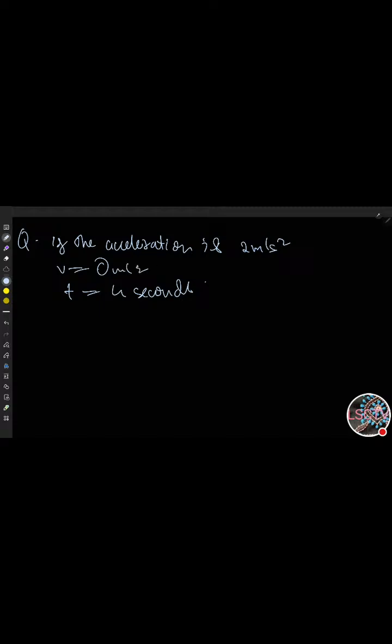If the acceleration is 2 meter per second square, v is equals to 0, fine, time is equals to 4 seconds. Find the initial velocity.